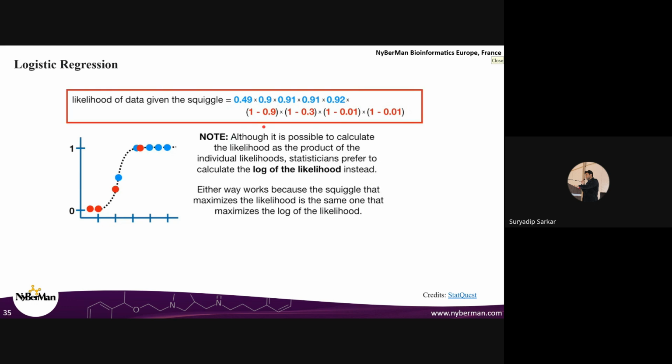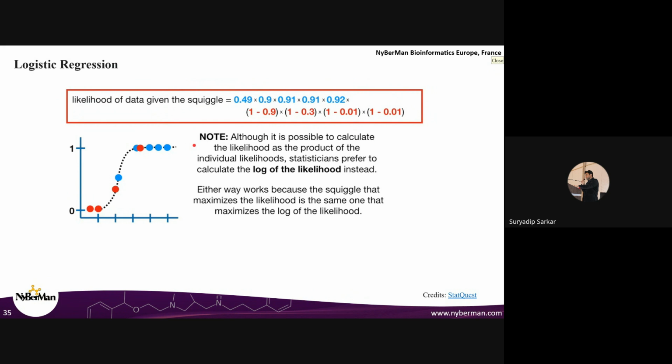Now, although it is possible to calculate the likelihood as the product of individual likelihoods, usually statisticians or data scientists prefer to calculate something called the log of the likelihood instead. Both ways are absolutely fine, because whichever sigmoid function or S-shaped curve maximizes the likelihood also maximizes the log likelihood.